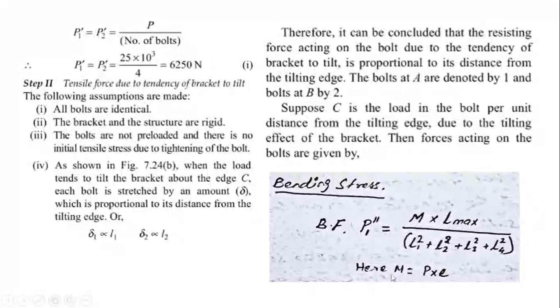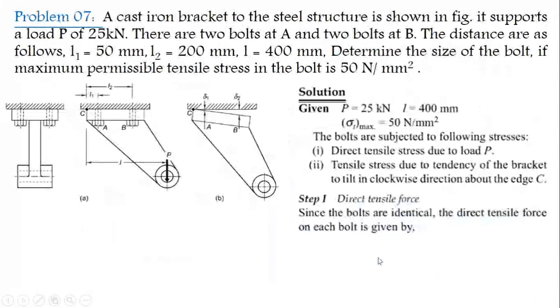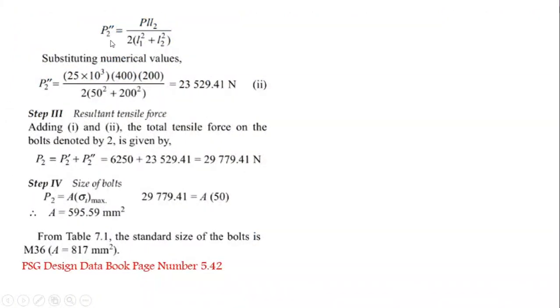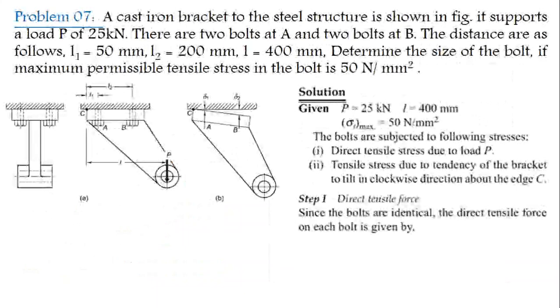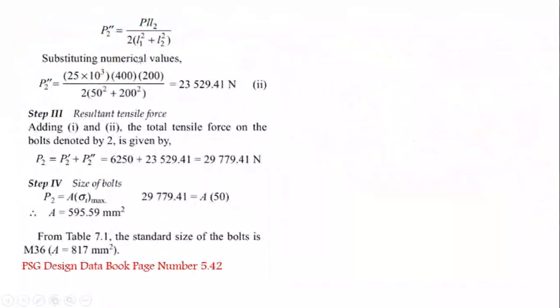Here M equals P into L. Then P2 double dash equals PL into L2 divided by 2 into, here at point A there are 2 bolts and at point B there are 2 bolts, so 2 into L1 squared plus L2 squared.